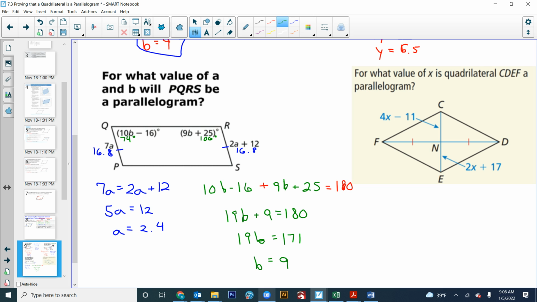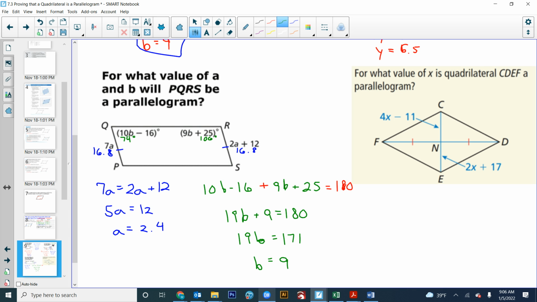One set of sides that are congruent and parallel. I have one set of sides that are congruent. Are those sides also parallel? Don't know yet, but we need to tap into way back when, converses of stuff.